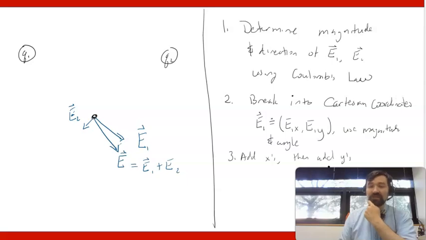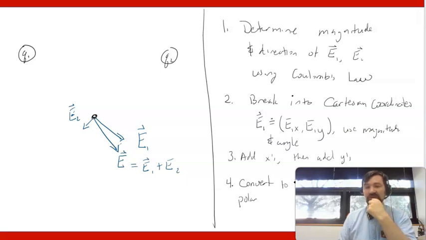Basically, how strong is the E field and what angle is it at relative to, say, the positive x-axis. Then you add the x's together, and that's your total x. You add the y's together, that's your total y. And then last step, you would maybe convert back to polar, so recombine into a total magnitude and total direction. So that is the basic procedure for adding multiples.